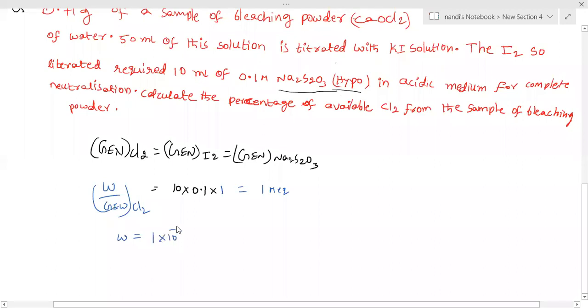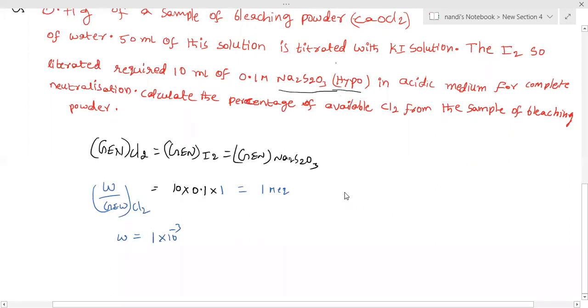Is it correct? Any doubt here? And weight is how much? Equivalent weight of Cl2. I think n factor is 2 for Cl2. Is it correct?